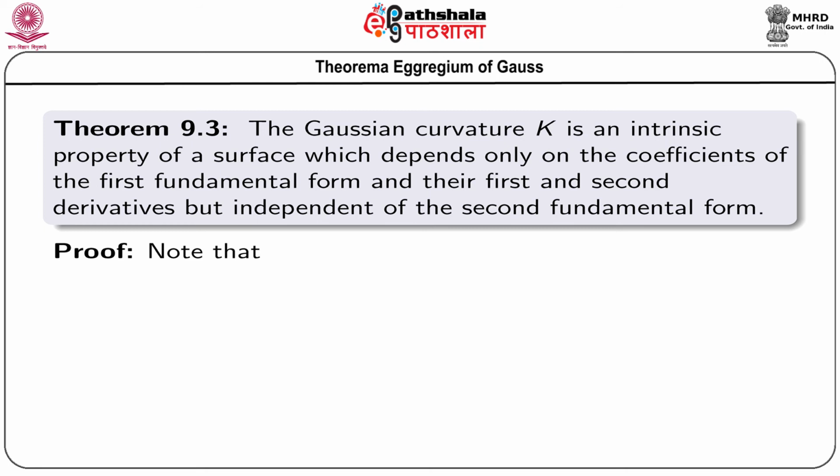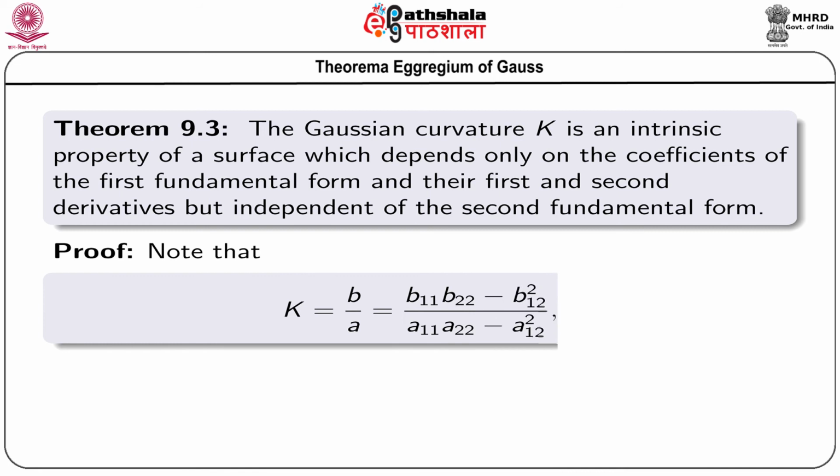Now, see, from Gauss equation we have derived, that is also in our earlier chapter, that Gaussian curvature can be written by B by A, where B is the determinant of the second fundamental form, that is B11 B22 minus B12 square, and A is the determinant of the first fundamental form, that is A11 A22 minus A12 square.